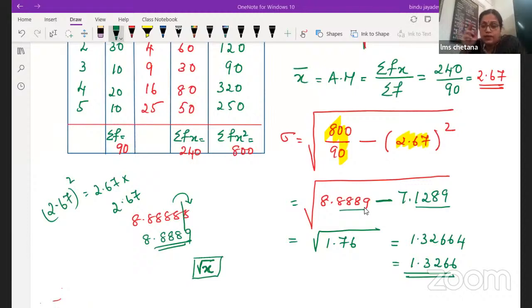How to do it? In a mobile phone, root you press first, then the number. But in a simple calculator, press the number, then press the button for root.